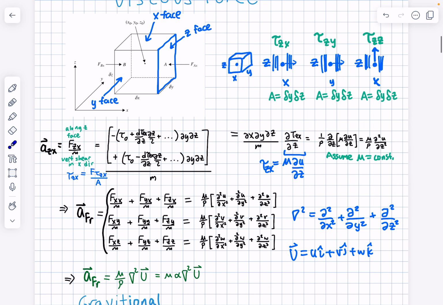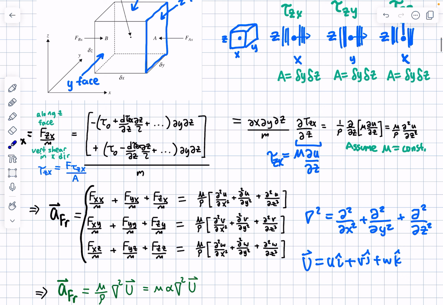And applying the same thing that we did before, the acceleration along the z face in the x direction, the vertical shear, is equal to this term divided by m, and we end up getting volume over m, which is 1 over rho, and then we get this partial tau zx partial z term.